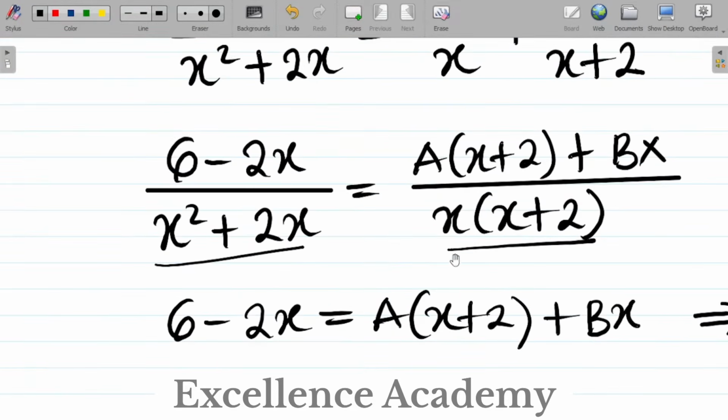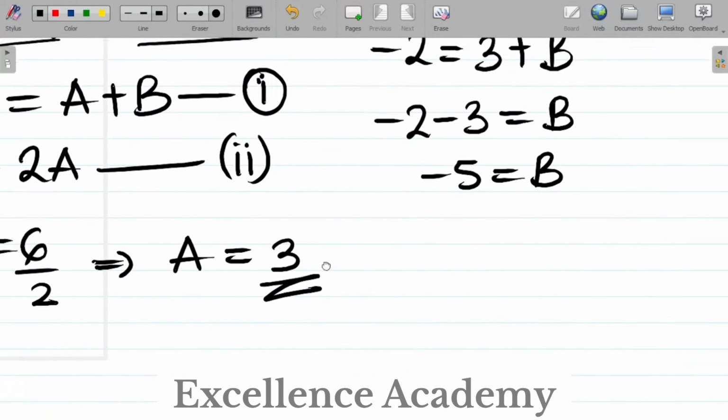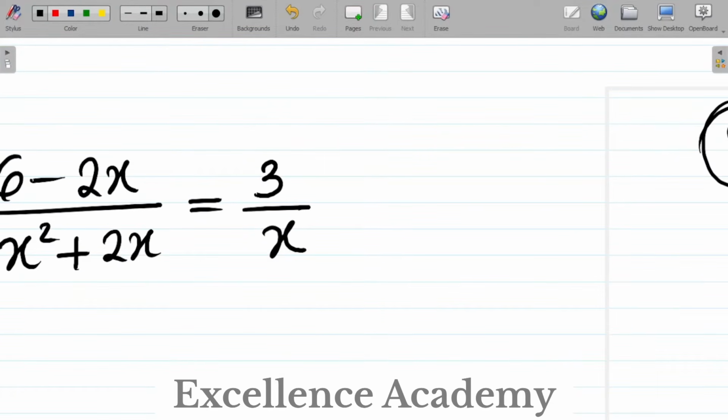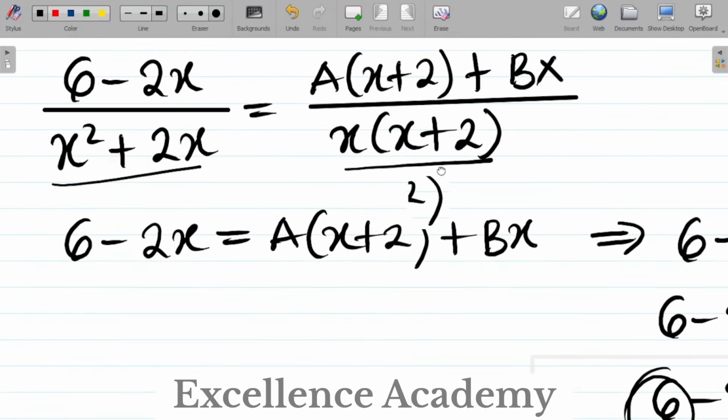Next up, plus b. What's the value of b? b is minus 5. So plus of minus 5, plus minus gives you minus. So it becomes minus 5 all over x plus 2.